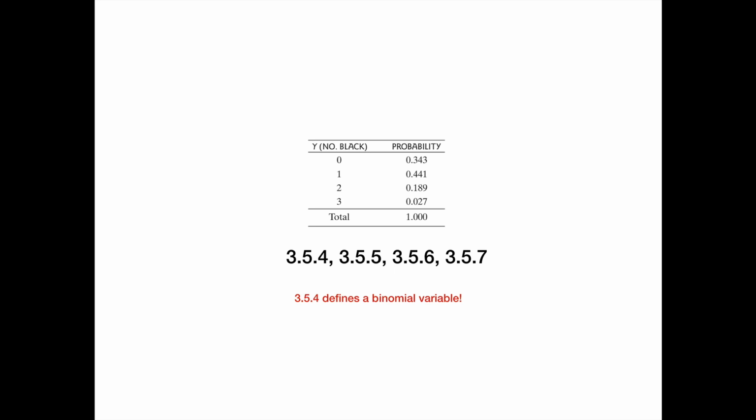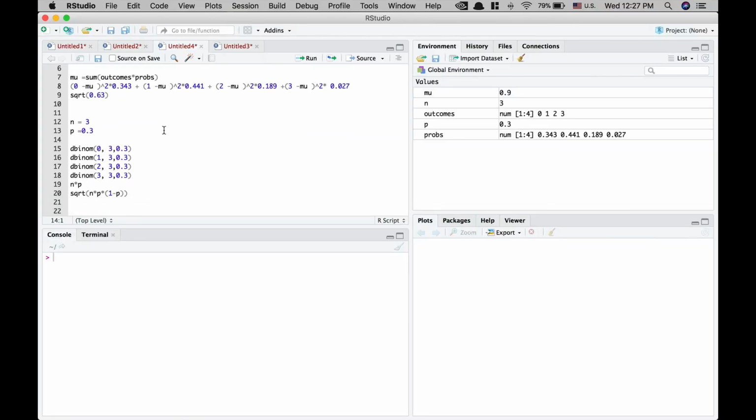Based on the background information, n, the number of trials in a binomial distribution, is 3, and p, the success rate in this case, is 30%, which is 0.3. So we can apply the formulas of the binomial distribution to calculate the mean and standard deviation rather than using a generic version. So let's take a look. This is actually a binomial distribution in which n equals 3 and p equals 0.3.